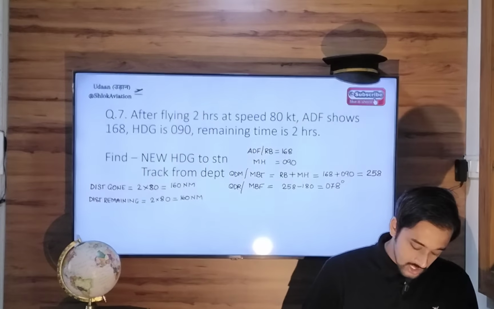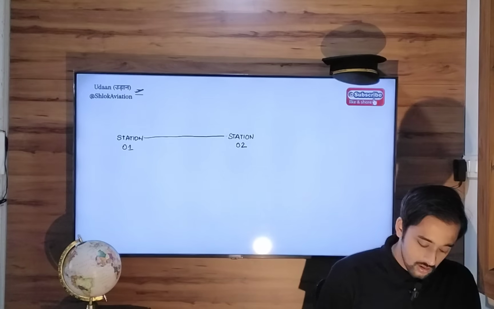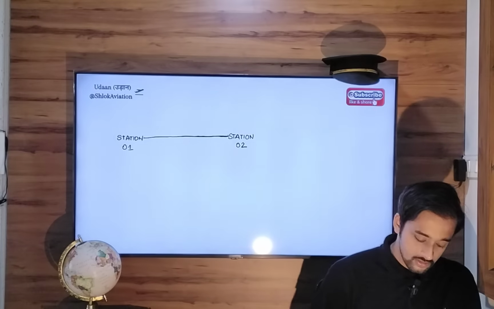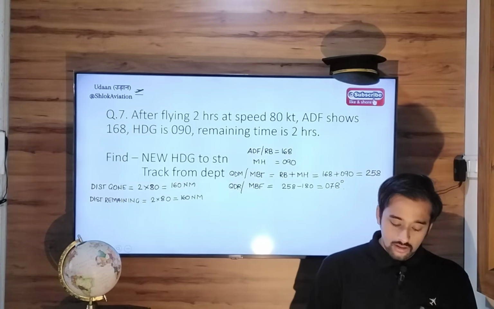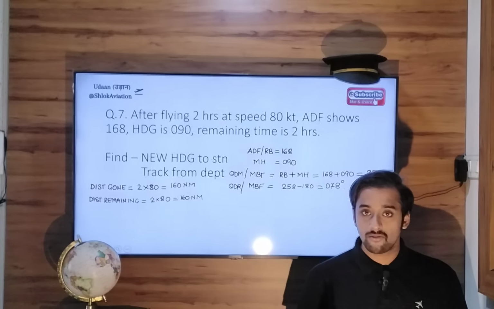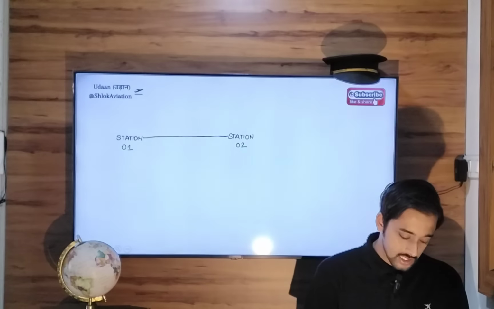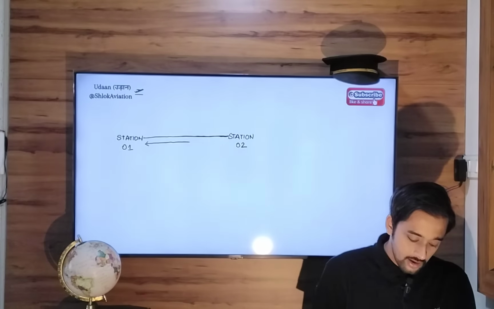There is a station 1. We are flying from station 1 to station 2. So with respect to station 1, we have flown a distance of 160 nautical miles.